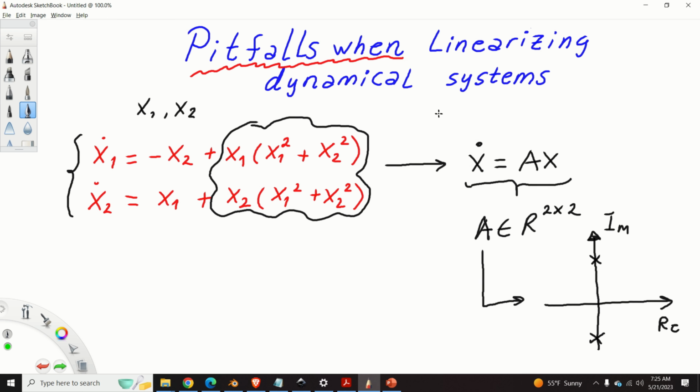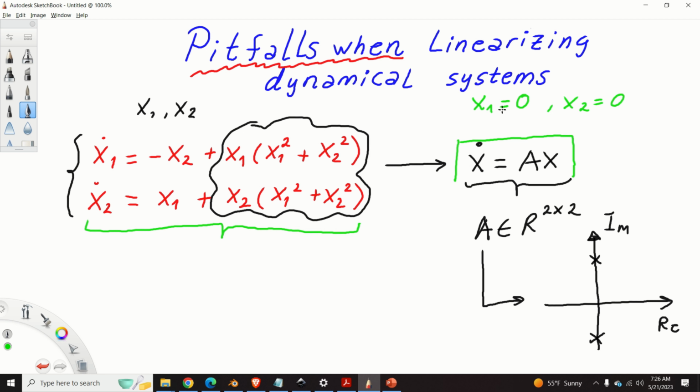Here we need to add that we linearized the original nonlinear system around the equilibrium point x1 is equal to 0 and x2 is equal to 0. That is, this linear system is an approximation of the original nonlinear system around this equilibrium point.